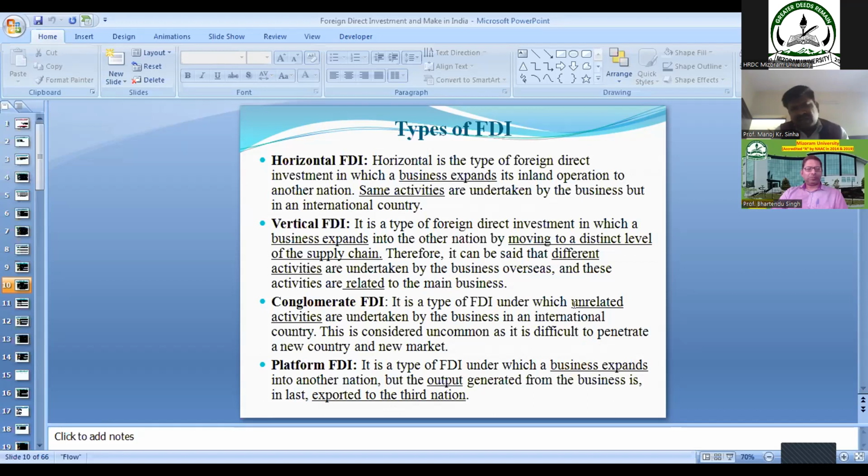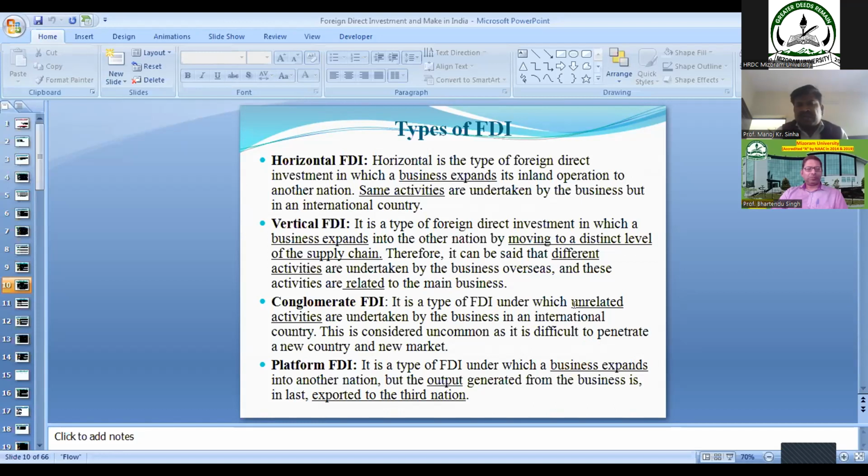In case of vertical FDI, in the supply chain management, a number of companies are involved. In this case also the focus is on business expansion, but the foreign investor moves to a distinct level, either a backward side or a forward side.